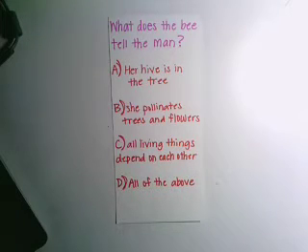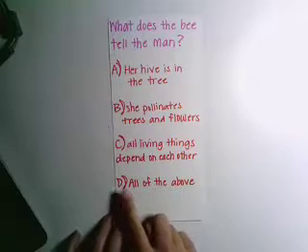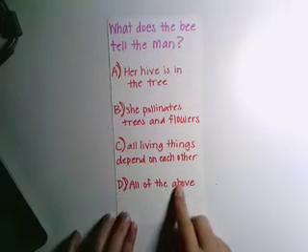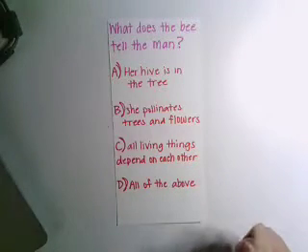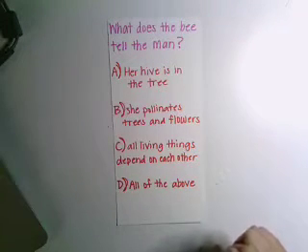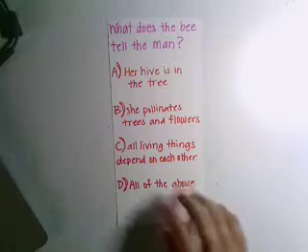The correct answer is D, all of the above. The bee tells the sleeping man all of these things in the story. If you have all of them correct so far, good job.